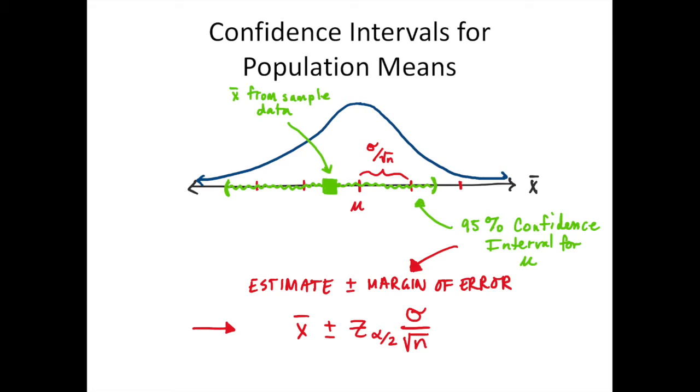So what we'd want to do, just like we did for confidence intervals for proportions, is replace sigma with our sample standard deviation, S. And the question is, can we do that? When we were working with a population proportion, the issue really came down to our endpoints changing a little bit for our interval.